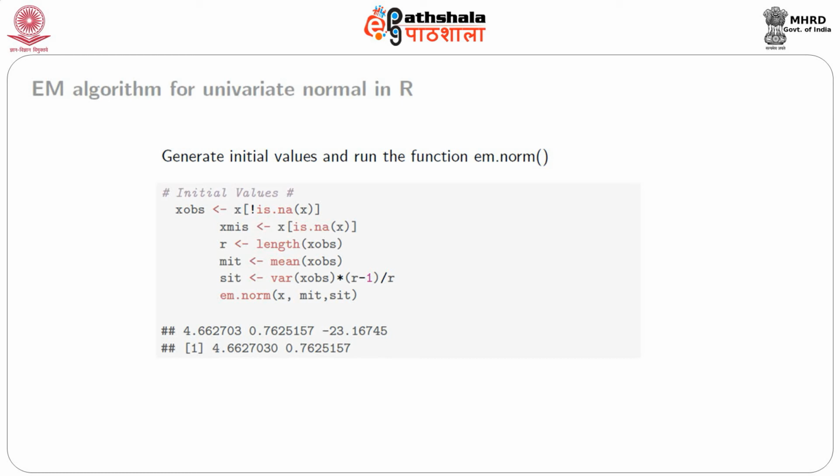It converges immediately with 4.6627 as the estimated mean, and 0.7625157 as the estimated value of the variance. And note that this is exactly equal to what we had got in our initial values, or we can think in this way that this is exactly equal to the estimates obtained from complete case analysis.